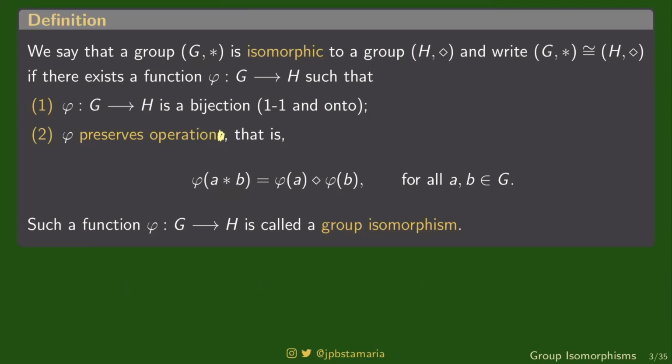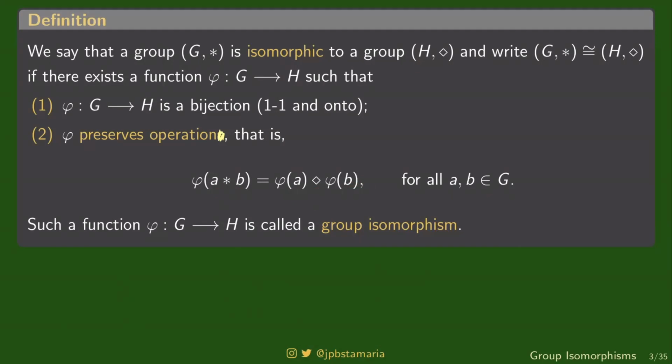Of course, by the word product, I mean the way you combine them in the respective groups. Dito, yung ginagamit nating operation ay star kasi si A and B are elements of G. But this time, I'm using the operation diamond now because phi of A and phi of B are now elements of H. Kaya ang gagamitin mo ng operation ay yung diamond. Okay? Such a function phi, if we can construct it, is what we call a group isomorphism.